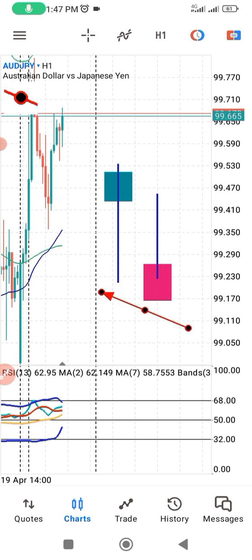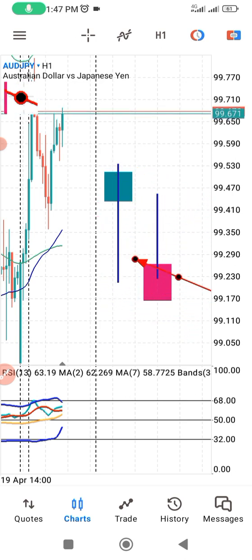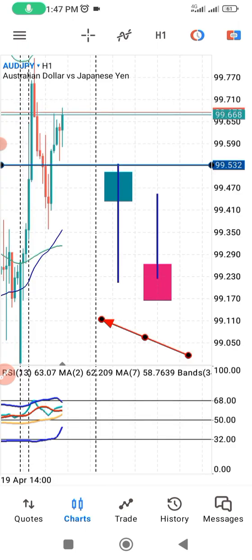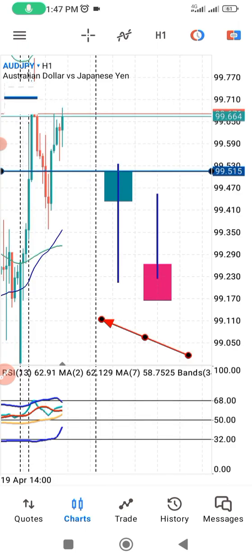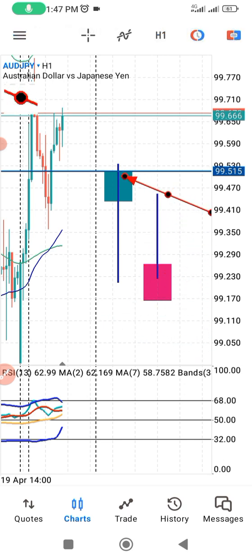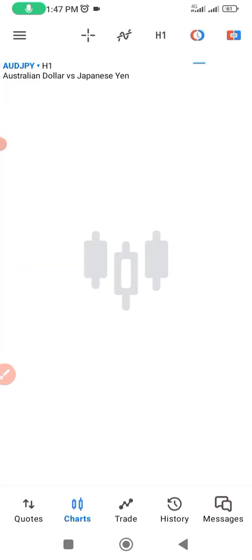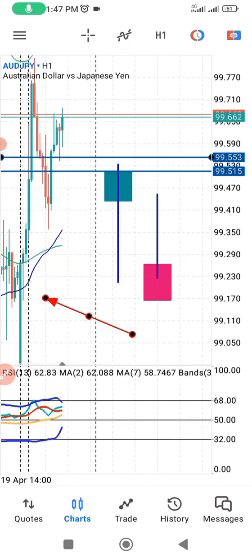Alright. Now, how do we make our entry using the pin bar? We make our entry using the pin bar in 2 ways. Number one, we can make our entry at the close of the candle, where the price closes here at the body.